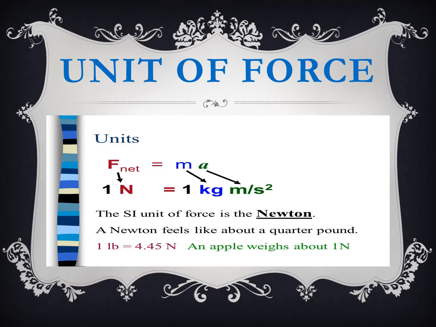Now the unit of mass is kg, and the unit of acceleration is meter per second square. So from this we can say that the unit of force becomes kg meter per second square, and this whole term is represented by 1 Newton. So the SI unit of force is 1 Newton, and it is represented by capital N.